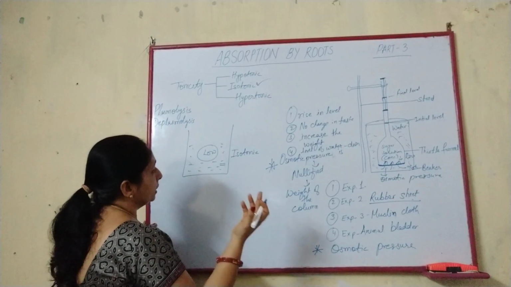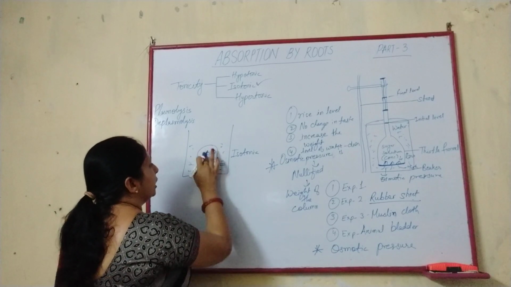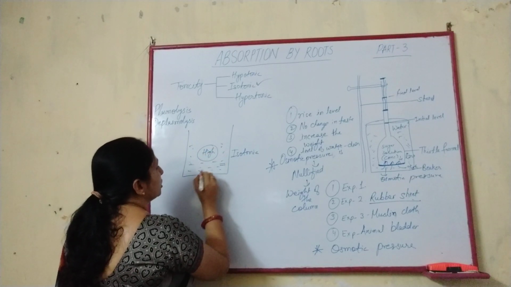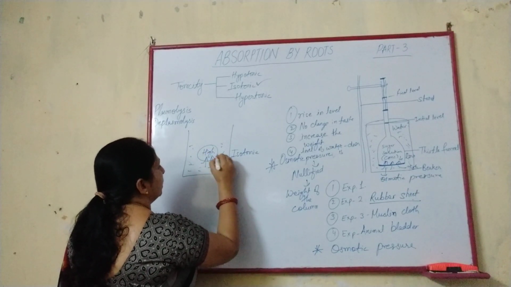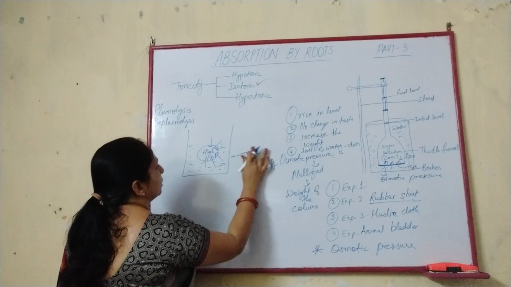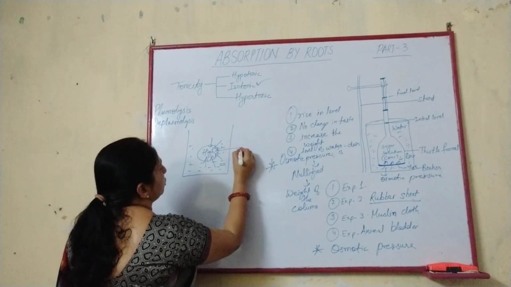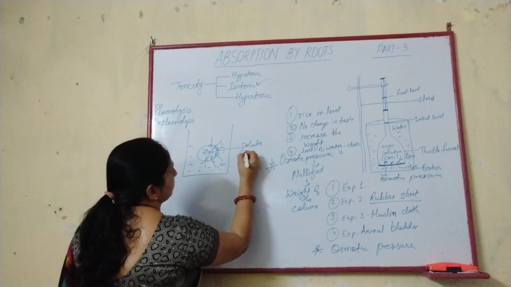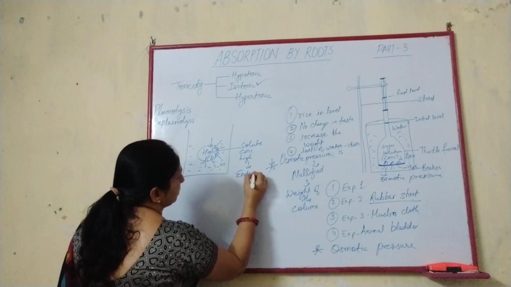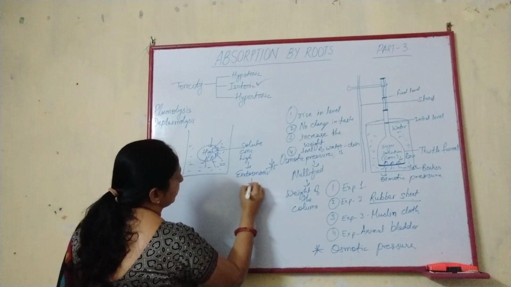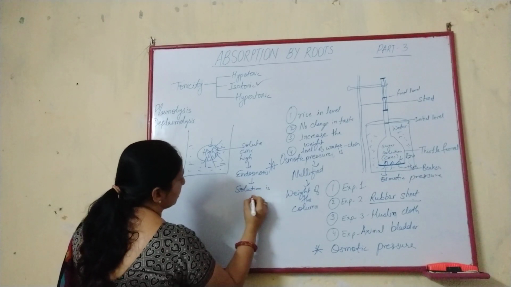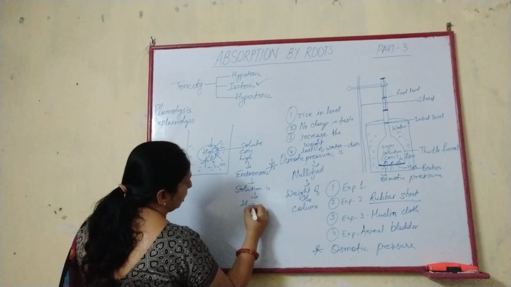In terms of solute concentration, if the solute concentration is high in the cell, it would result in endosmosis, and the solution is a hypotonic solution.